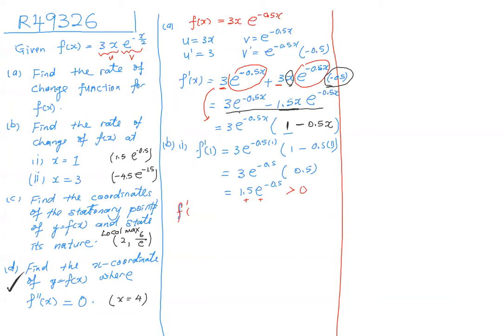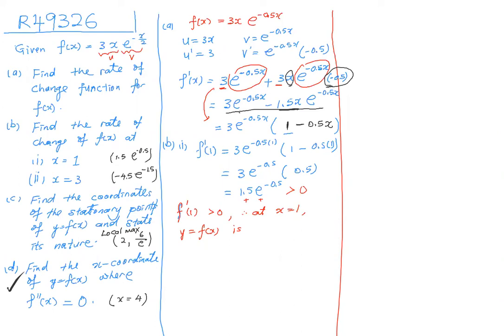F prime 1 is greater than 0, so therefore at x equal to 1, y equal to fx is increasing.